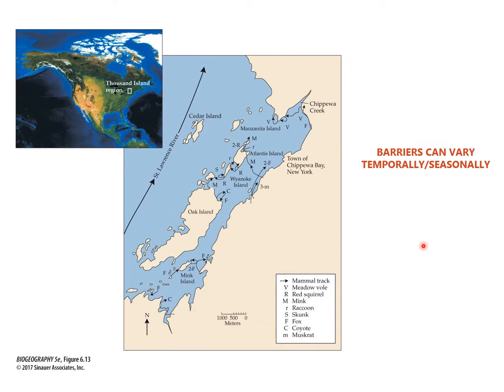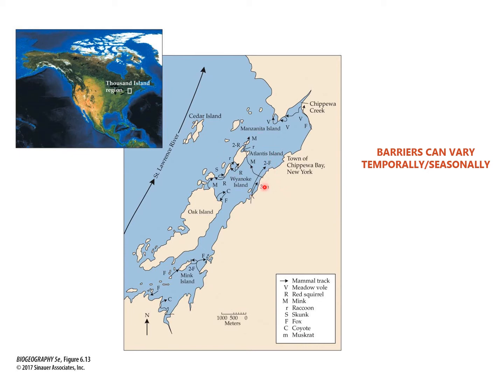Barriers can also vary temporally or seasonally. So here in the Thousand Islands region, this is the St. Lawrence River in a colder environment. I mean, not Arctic, but still cold enough that this freezes over winter, and so you would have ice. And obviously, mammals can walk across the ice, and we see different types of mammals that use that all the time, but that's only available during certain times of the year.